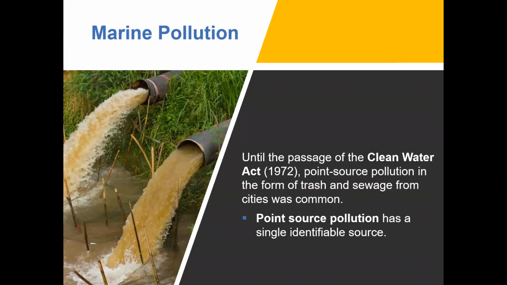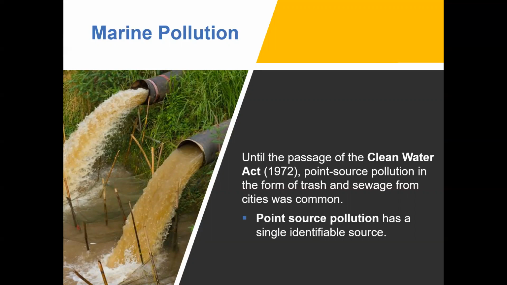And this was very common until the early 1970s in the US, where we passed the Clean Water Act. The Clean Water Act made cities and corporations no longer able to pollute in this way, to just put pipes facing the ocean and think of it as out of sight, out of mind. So since the 70s, we've been really dealing with all of these point source pollution sources and eradicating them as much as we can.